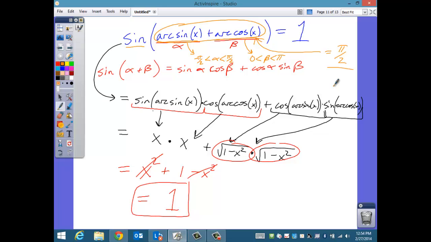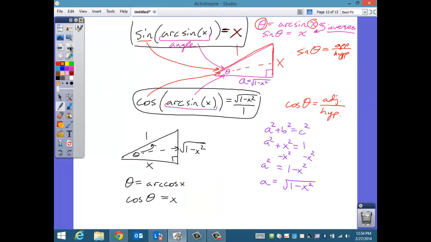So we know our angle is pi over 2. Pi over 2 is also known as 90 degrees, right? Well, if we think back to our triangles that we made here, this angle was the arcsine of x. And if you look at how symmetric this is, the arccosine of x is right here. In fact, we could even call them, just like on the other page, why bring in other Greek letters?